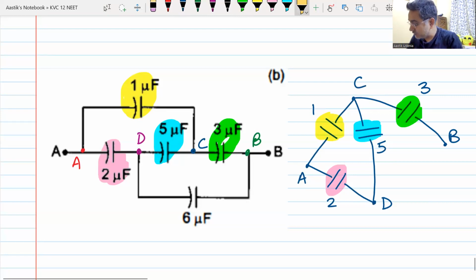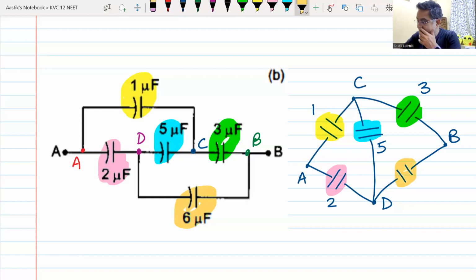What is remaining is this one, and between D and B it is connected. So I connect it between D and B. This capacitor is 6.